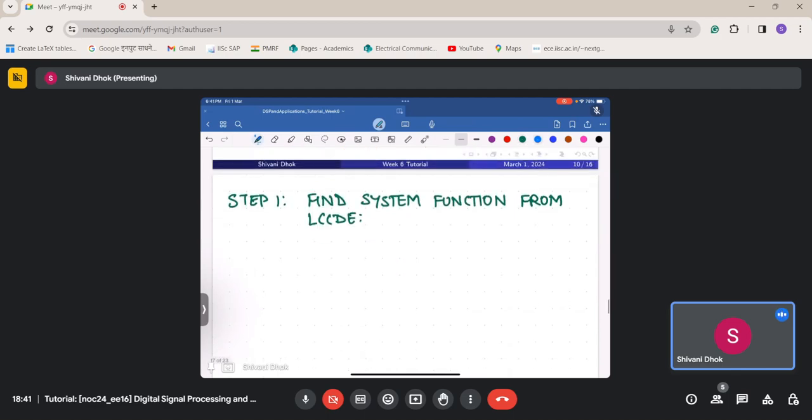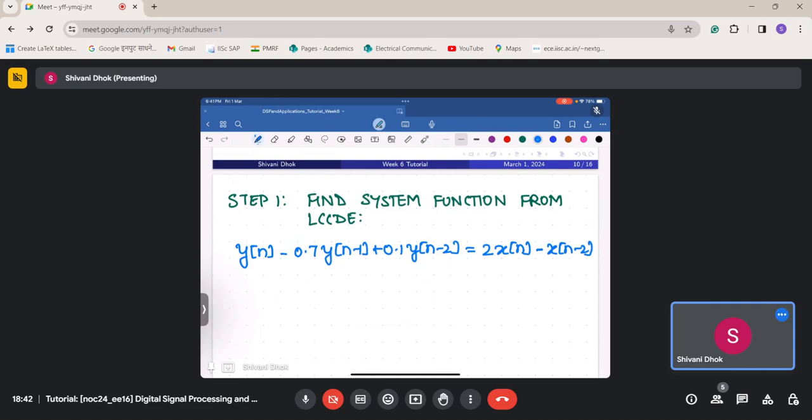So what is our difference equation? The difference equation is y of n minus 0.7 y of n minus 1 plus 0.1 y of n minus 2, which is equal to 2 times x of n minus x of n minus 2.